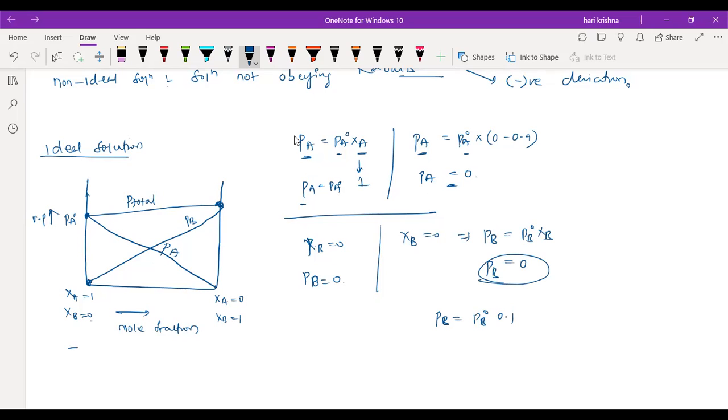That means PB equal to 0.1 of PB naught, right? So it will increase like this. At one case, the XB value equal to 1. This case. That means PB is what here? If XB equal to 1, PB equals 1 times PB naught. So this PB value is PB naught. Understand?